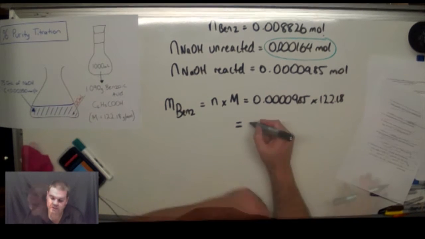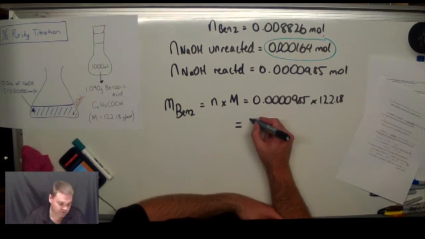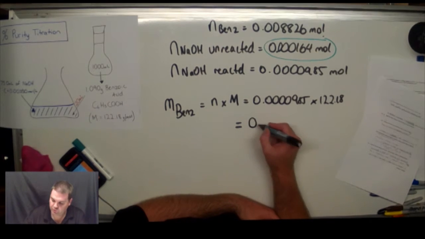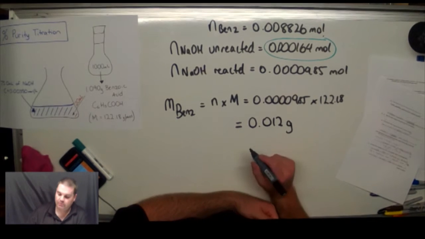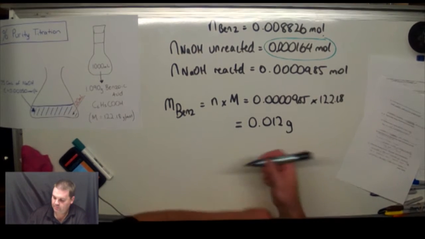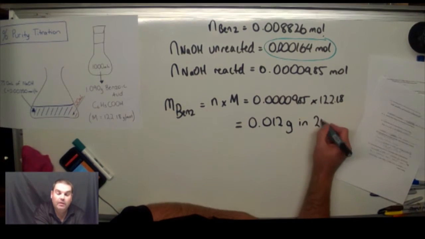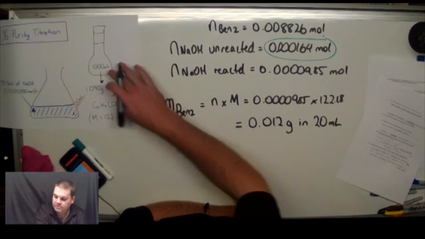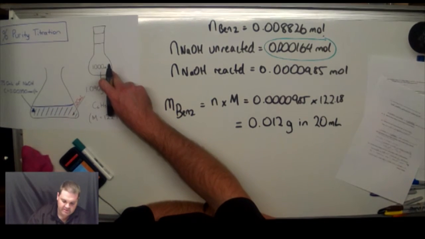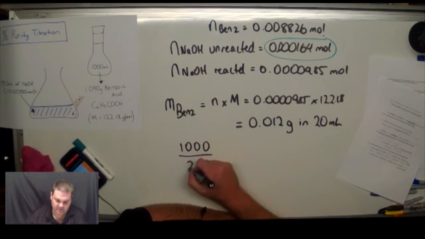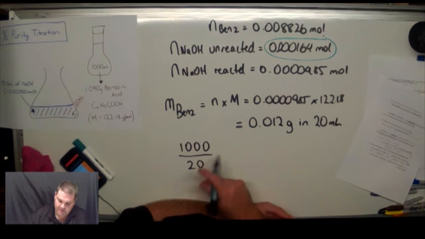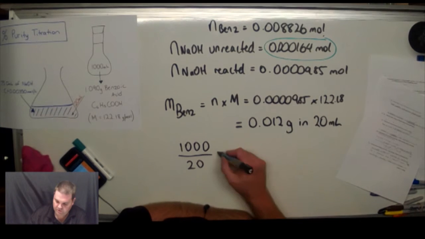So that tells us that in that 20 mils we had 0.012 grams of benzoic acid. But what you've got to remember is that that was only in 20 millilitres, and that we made up a 1 litre standard solution. So in 1 litre there's 1,000 millilitres, so 1,000 divided by 20 will tell us the ratio. We times that by 0.012.